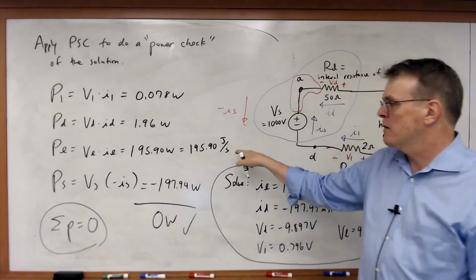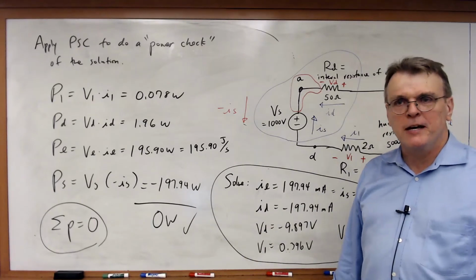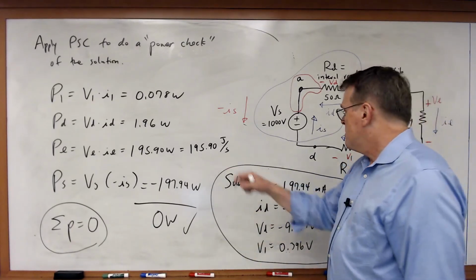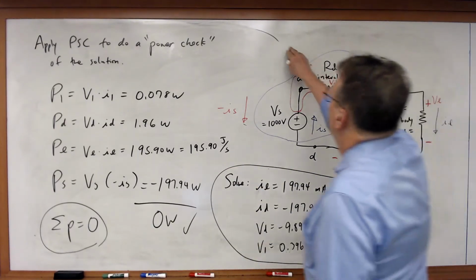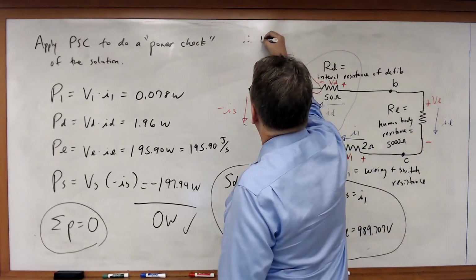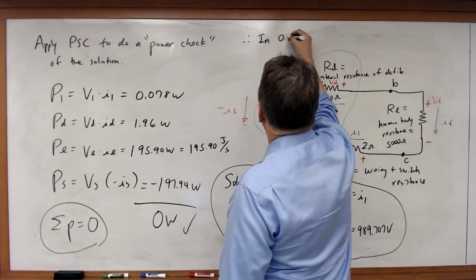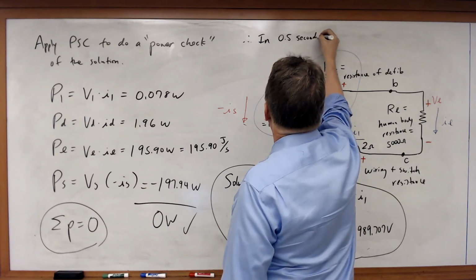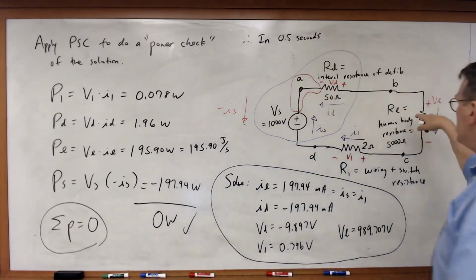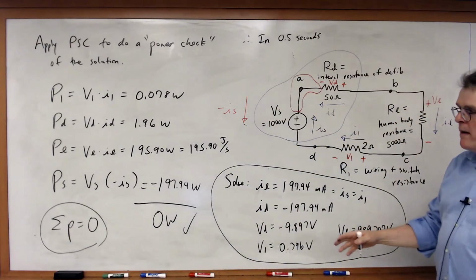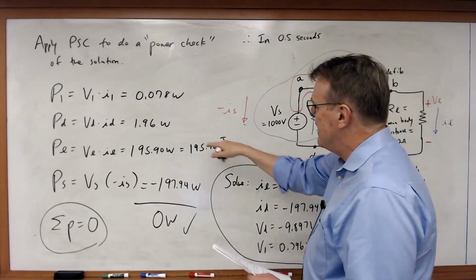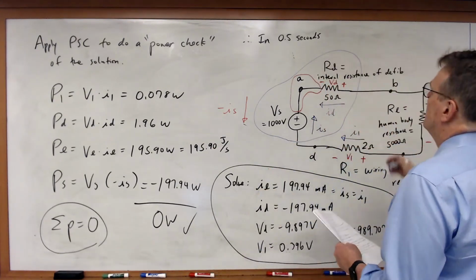A watt is also a joule per second, energy per unit time. Which means in half a second, this patient's body will absorb 97.95 joules.